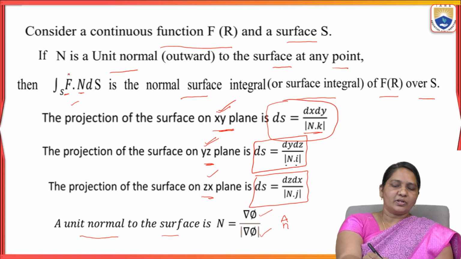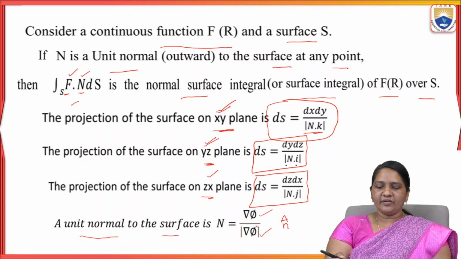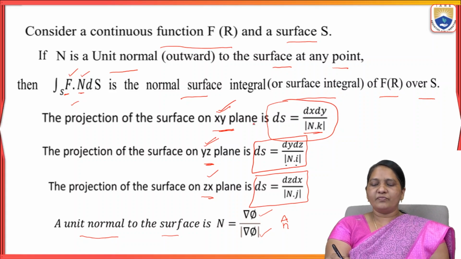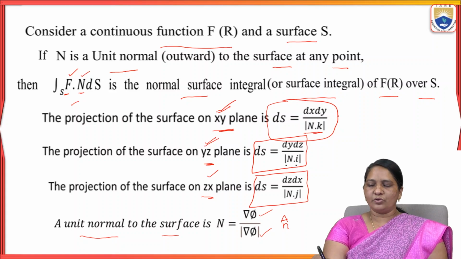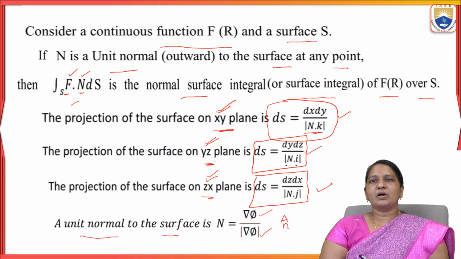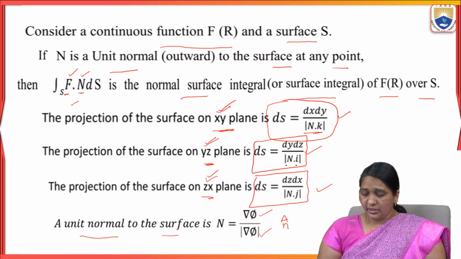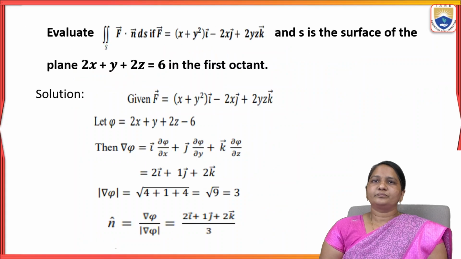In the problem they will give f bar, which is the vector, and we calculate n using del phi by modulus of del phi. For ds, if we select the xy plane we use this formula, for the yz plane this formula, and for the zx plane this formula. These formulas are very important; without them we can't evaluate the integral.